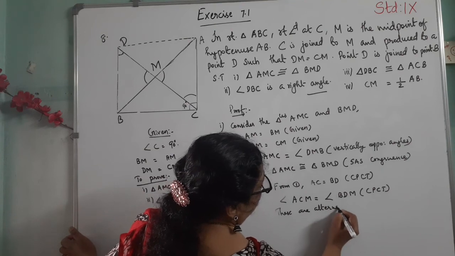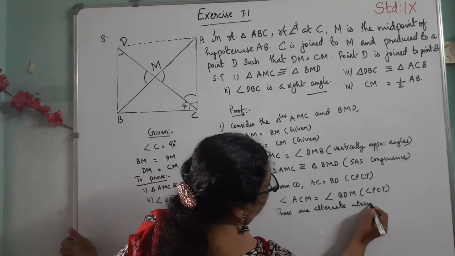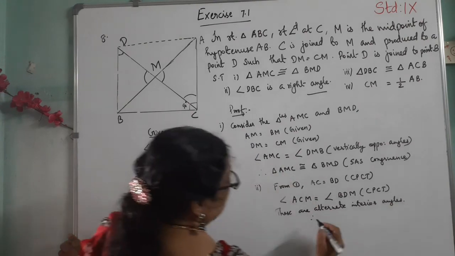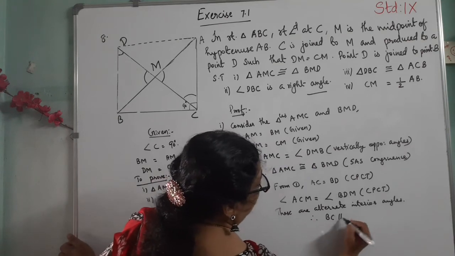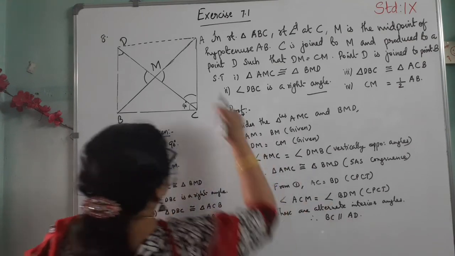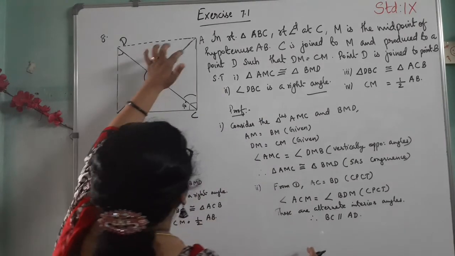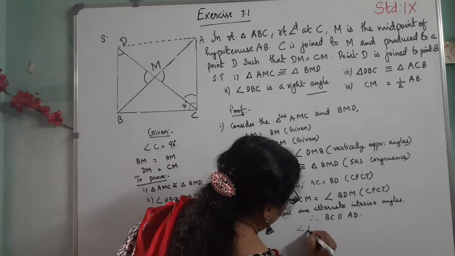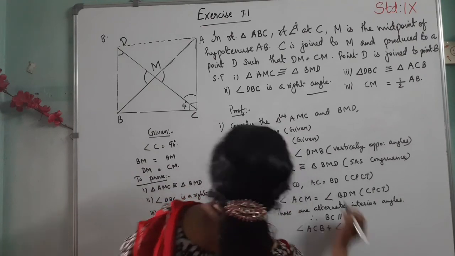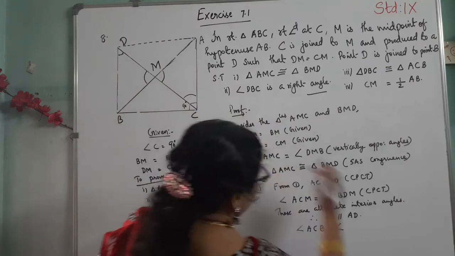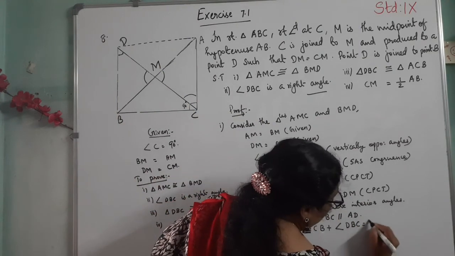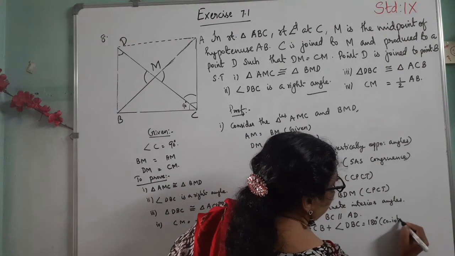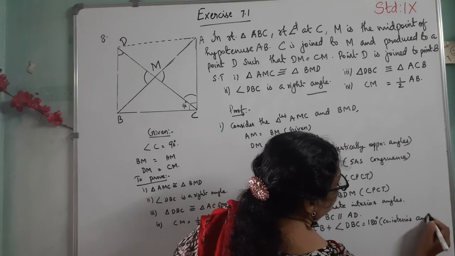Therefore BC is parallel to AD. So angle ACB plus angle DBC equals 180 degrees. Why? Because they are co-interior angles.